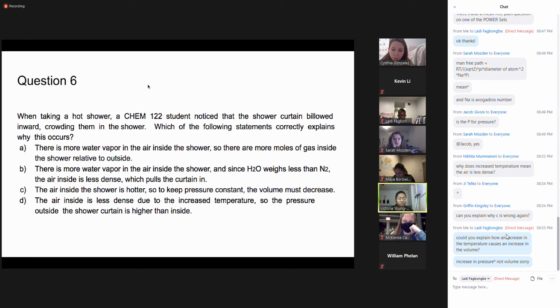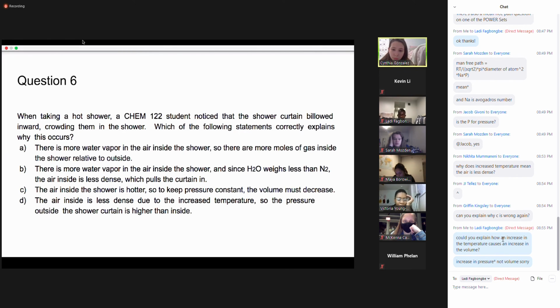I have a question. So for D, if the air inside has an increased pressure, an increased temperature, wouldn't that mean the particles are moving faster, which would also increase the pressure on the curtain? Yeah, I think this is going back to William's question where we were saying that they're diffusing outwards.